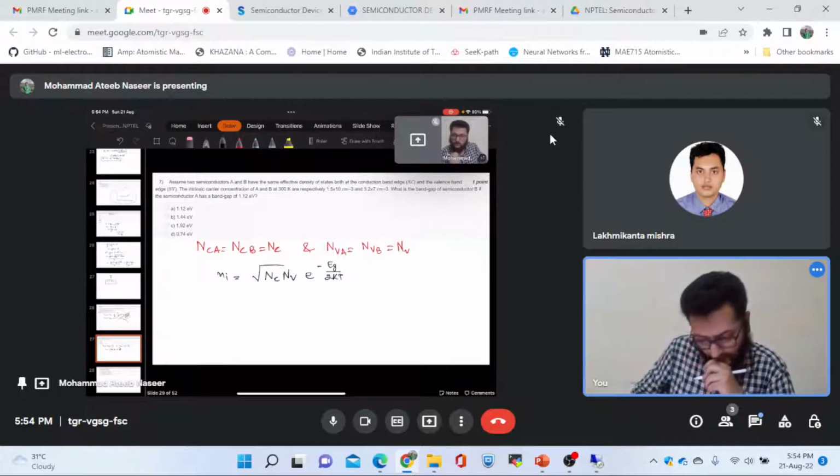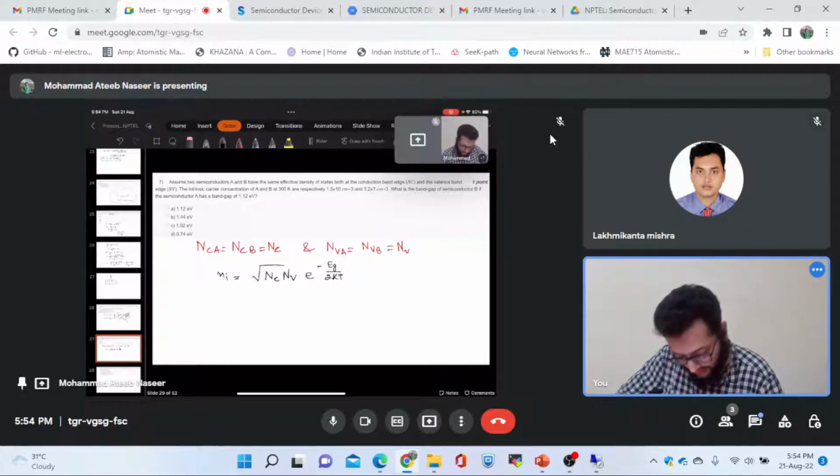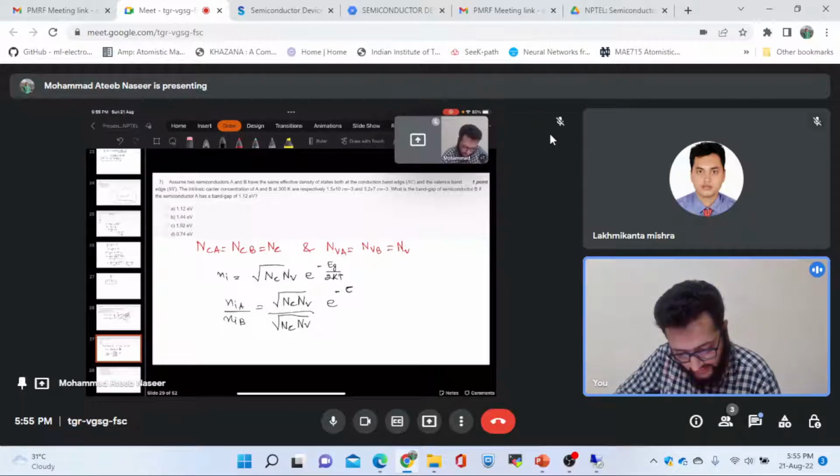Absolutely. So we are given the intrinsic concentrations of A and B. We will write Ni of A by Ni of B to be equal to Nc and Nv. Since they both have these effective densities equal, they will cancel out, leaving exponential of minus Eg of A by 2kT divided by exponential of minus Eg of B by 2kT.